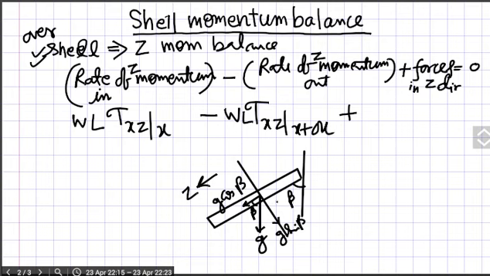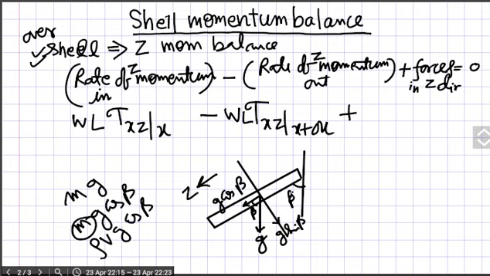So g cos beta will be multiplied with mass, and mass will be density into volume. What is the volume of the shell? It is WL delta x. So the gravity force is rho WL delta x g cos beta. This is the gravity force that will act on it.